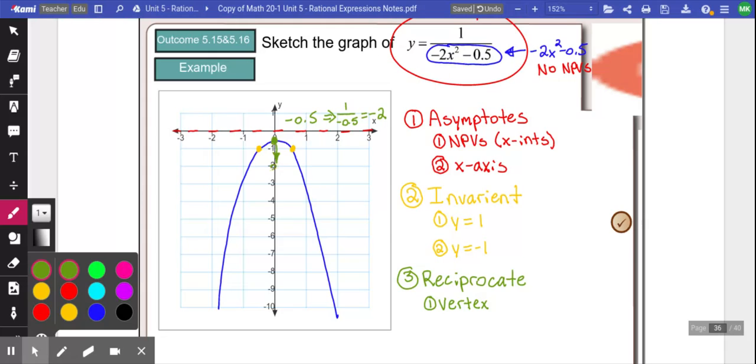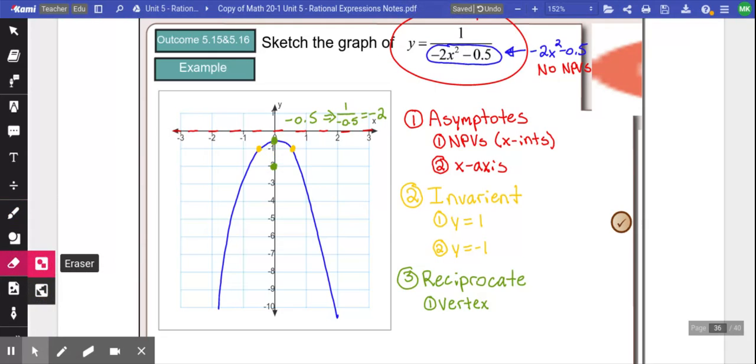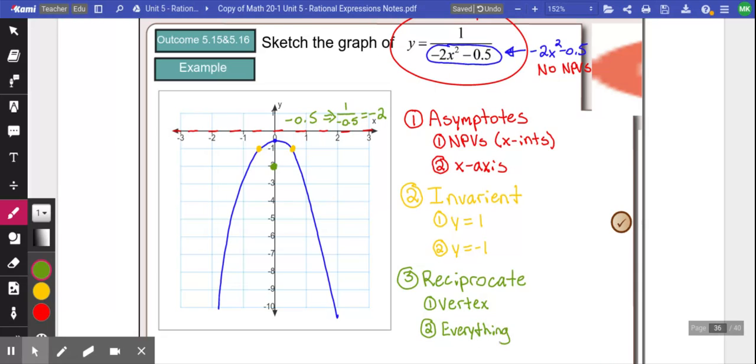It'll move down to negative 2. So it's important that you reciprocate your vertex first. Then you can reciprocate everything else. Cool.